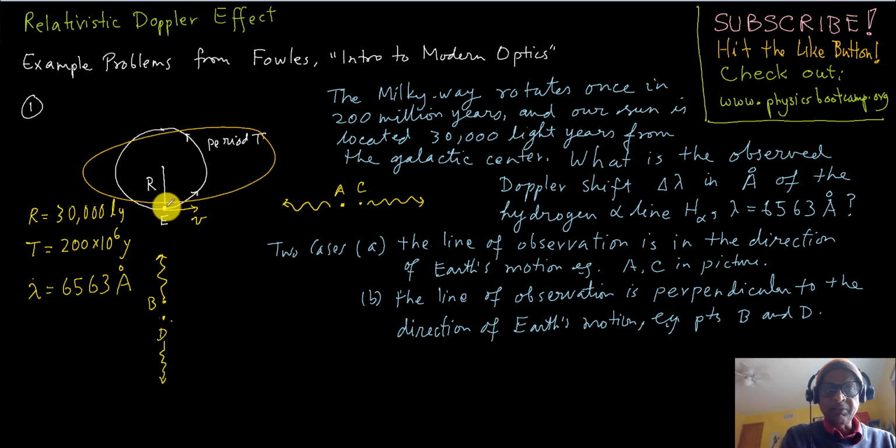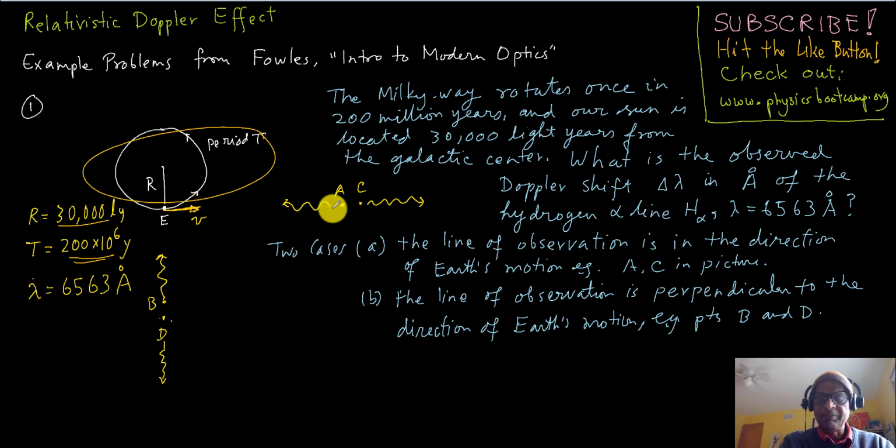Over here is Earth or Sun, and this whole Milky Way rotates about the galaxy once every 200 million years, and our Sun is about 30,000 light years away from the center. So it tells you how fast the solar system itself is moving, taking the Earth with it. This is very fast actually compared to other speeds.